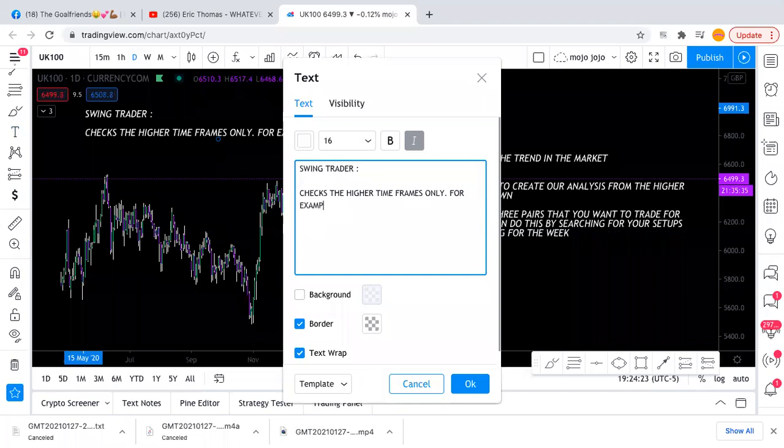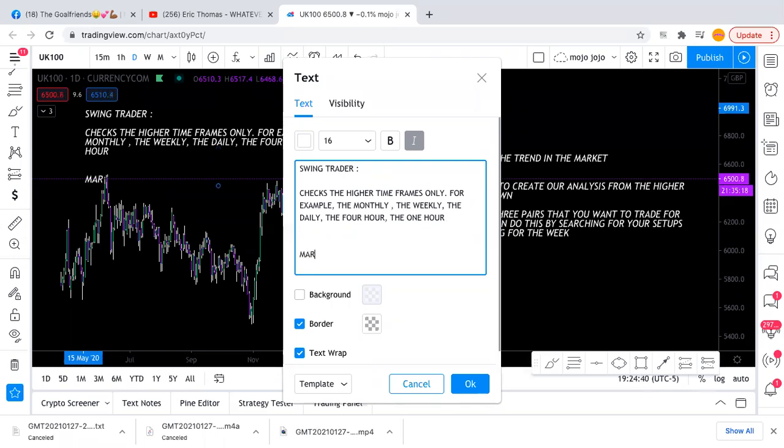For example, the monthly, the weekly, the daily, the 4 hour, the 1 hour. You will mark up your trends from the higher time frame.